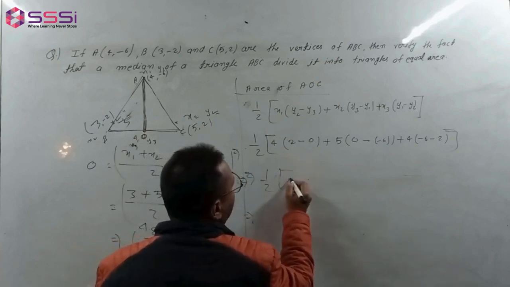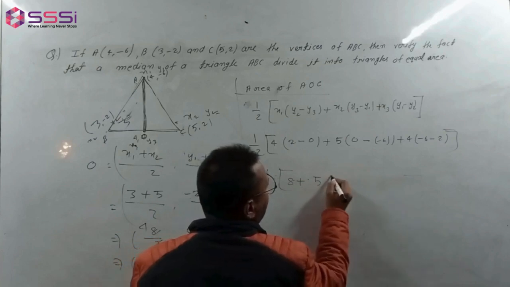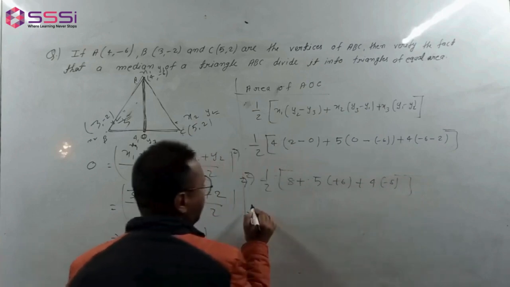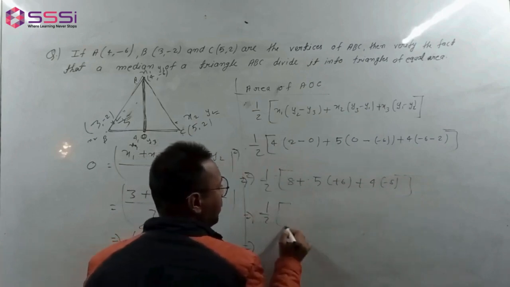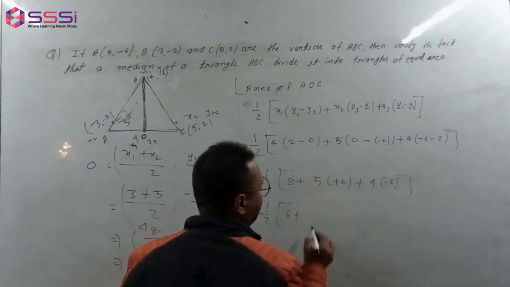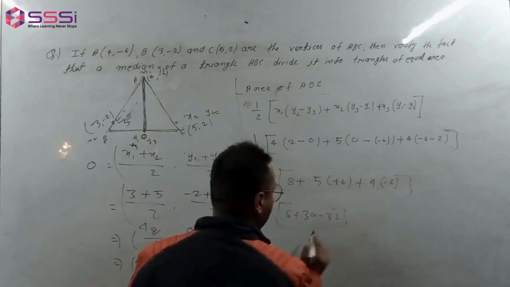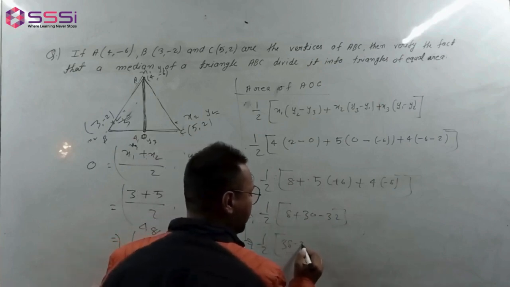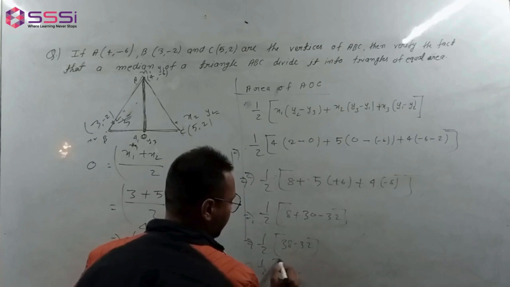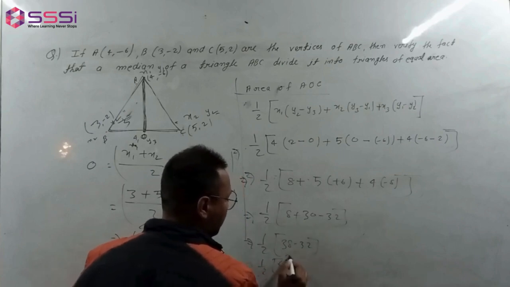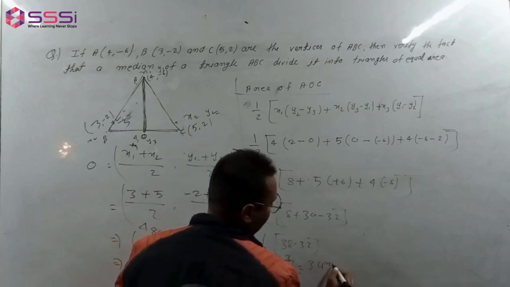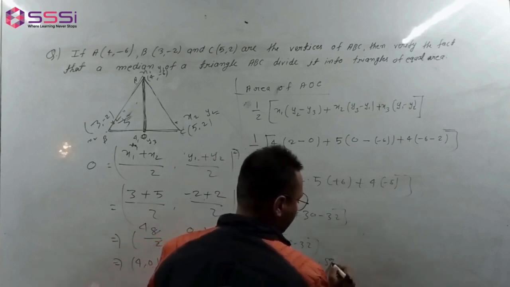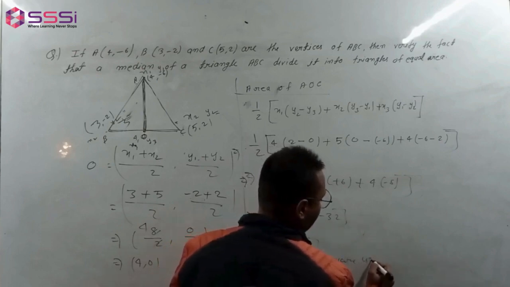1 by 2, 4 times 2 is 8 plus 5 times 6 is 30 and minus 32. 1 by 2, 38 minus 32, 1 by 2 times 6, 2 times 3 is 6 square units.